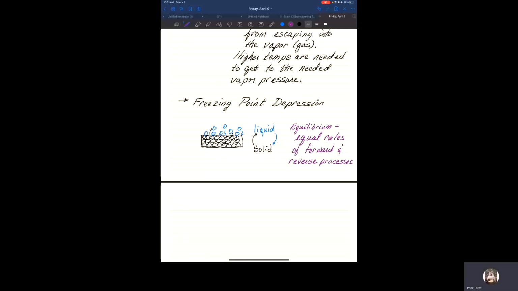For every scoop that gets taken out of the trailer, a scoop gets put back in. So that is what we mean by equilibrium. The forward and the reverse processes occur at the same rate. What happens to the amount of dirt in the trailer then if for every scoop that comes out, a scoop goes back? Nothing. It's going to stay the same.